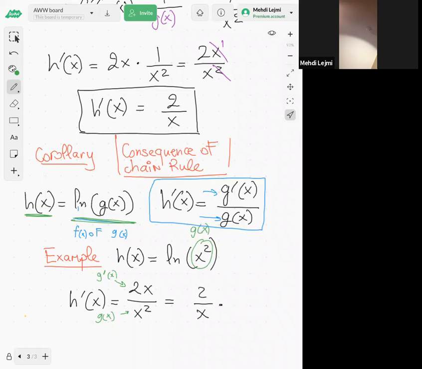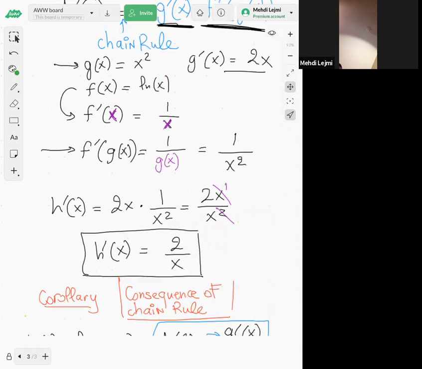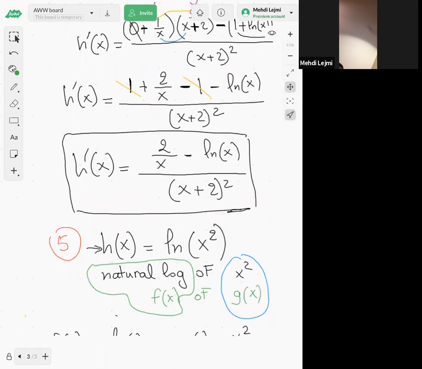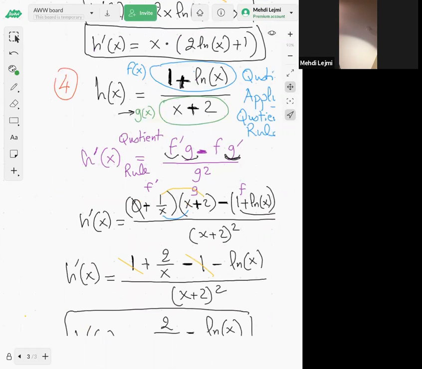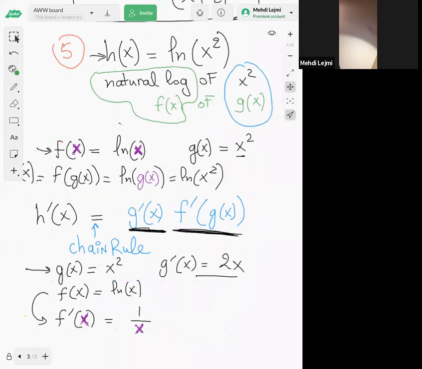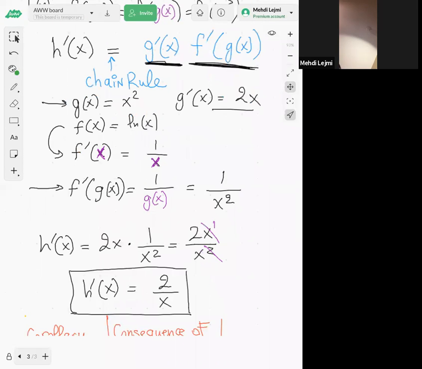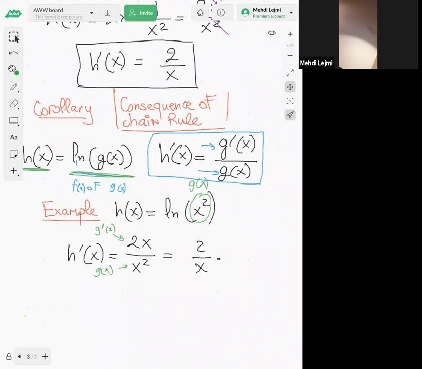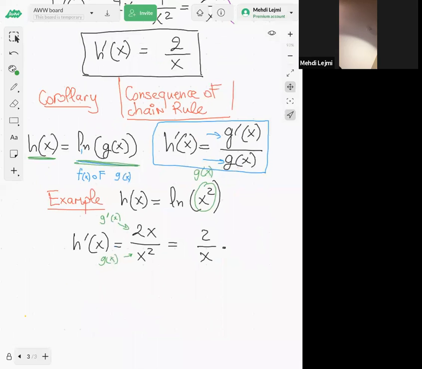Any questions? So what you have to memorize or keep in mind: the derivative of natural log of x is 1 over x, and the derivative of natural log of g of x is g prime of x over g of x.